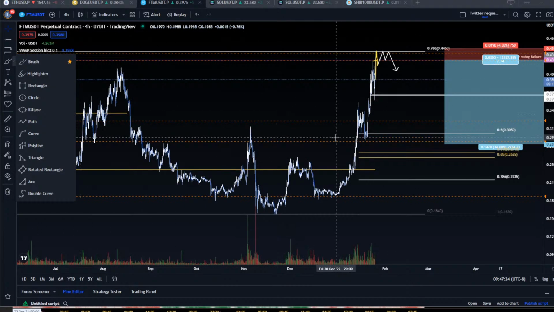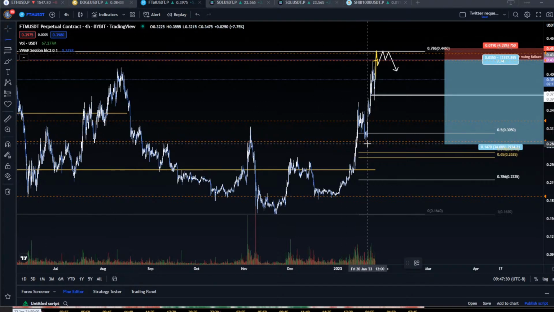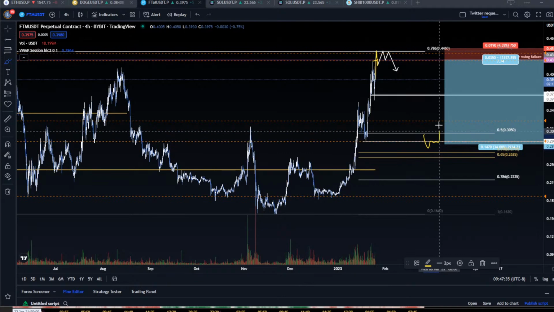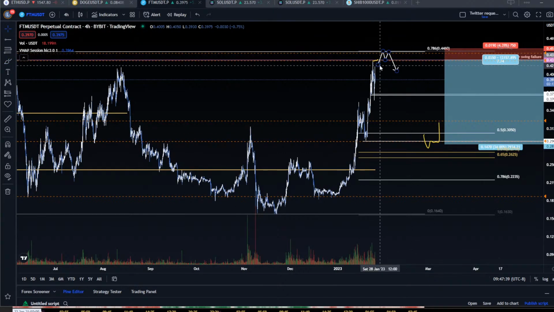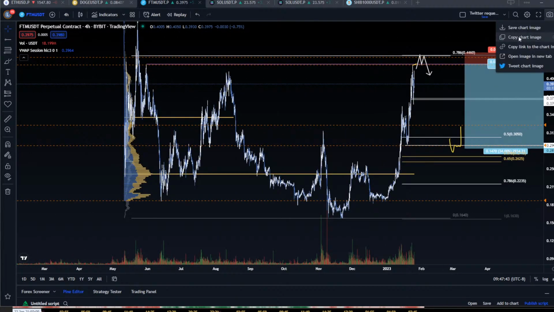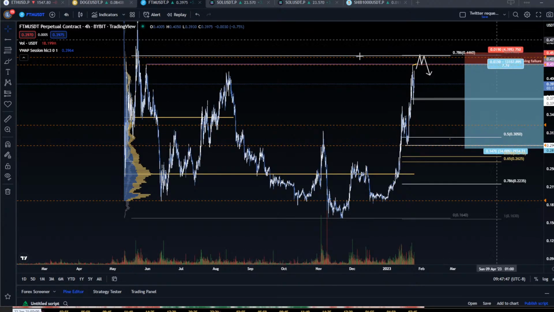We have fibs here, but there's no structure really, not a lot of confluence. But maybe a sweep of this low could be a long idea. Just sharing this in the Discord.